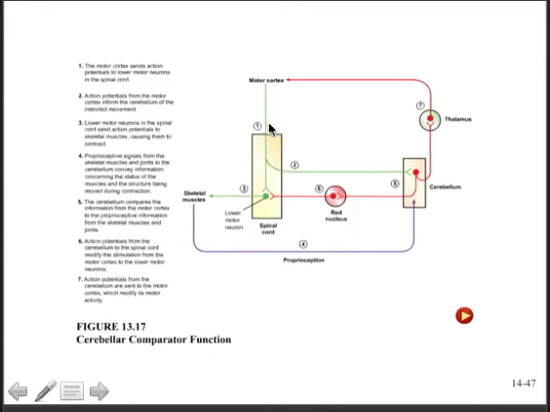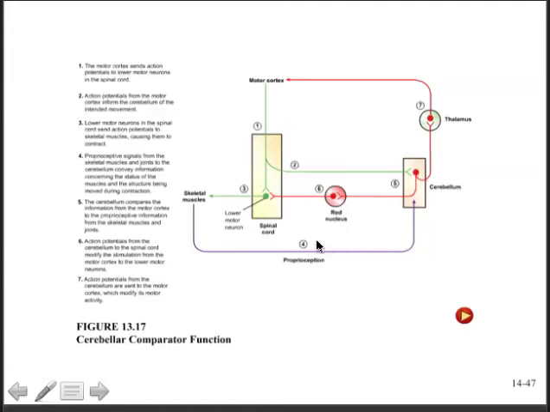Okay, you can see the numbers here. 1 is indicating the motor cortex sending the action potentials to the lower motor neurons. You can see over here that at the same time we're routing information via association neurons to the cerebellum.